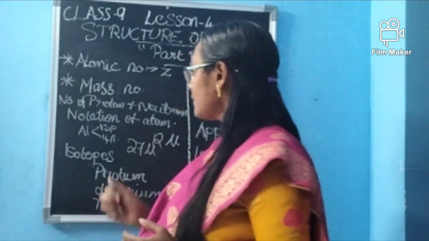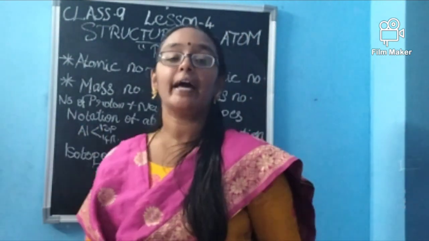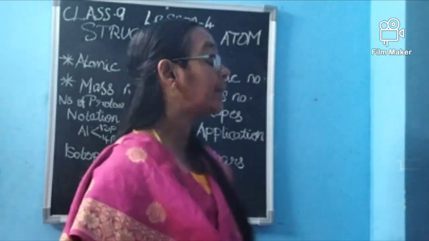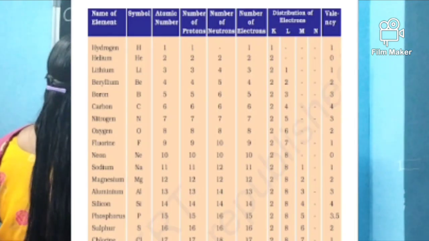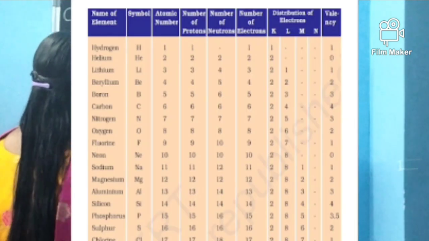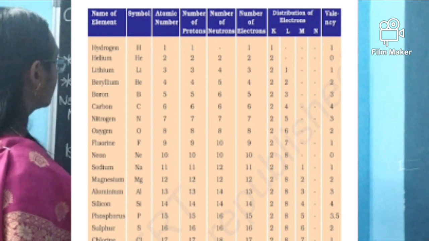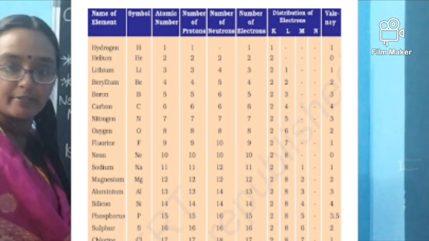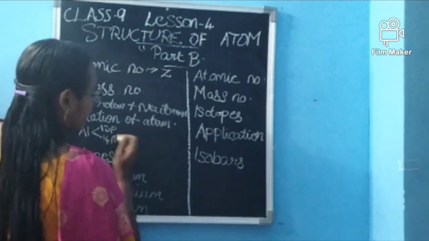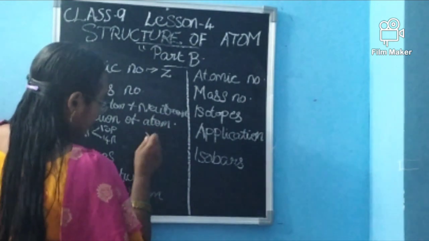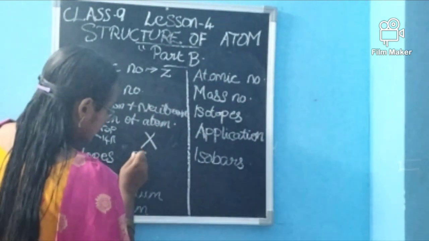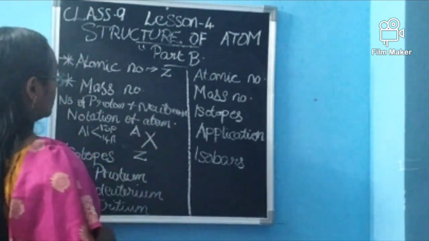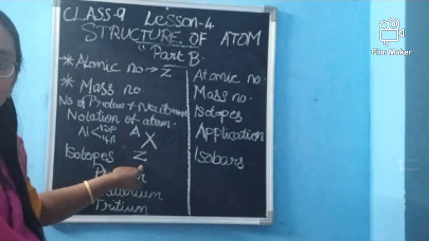Okay. Now, notation of the atom. How do we notate the atom? We should be able to notate the atom. For example, this aluminium itself. Commonly we can represent it as X with Z and A. What is Z here?